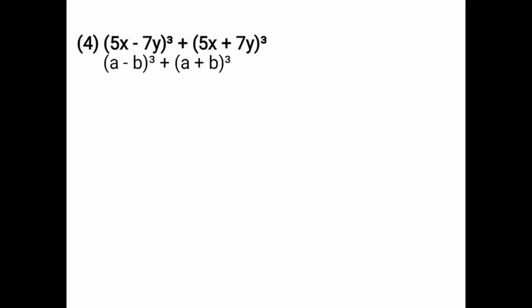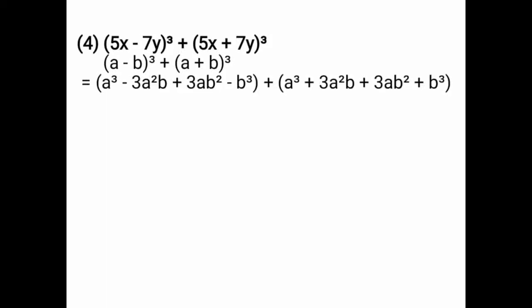That is, a minus b the whole cube plus a plus b the whole cube is equal to a cube minus 3a square b plus 3ab square minus b cube plus a cube plus 3a square b plus 3ab square plus b cube. Write this question again and write the expansion formula of a minus b the whole cube and a plus b the whole cube.